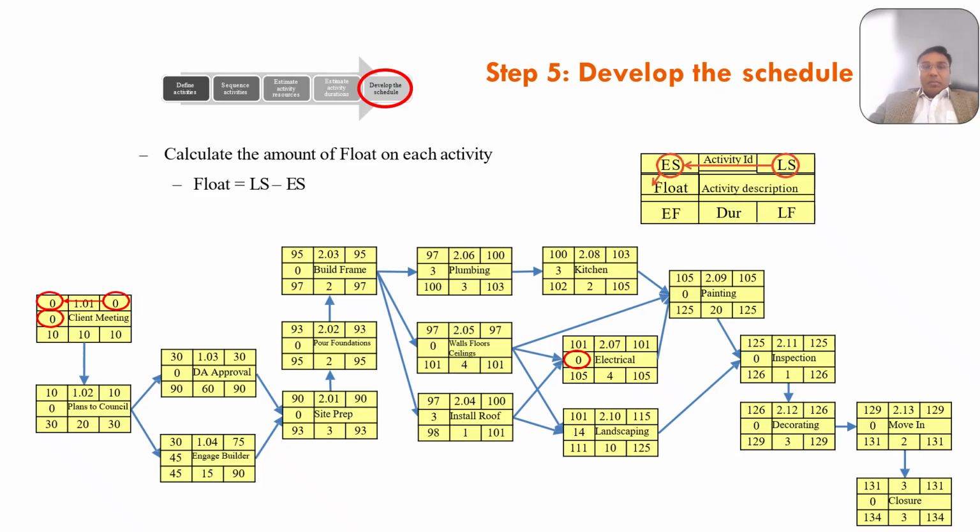There are actually two types of float: total float and free float. Total float is the maximum time a task can slip before it affects the project completion date. To calculate the total float, subtract the task's early finish (EF) date from its late finish.